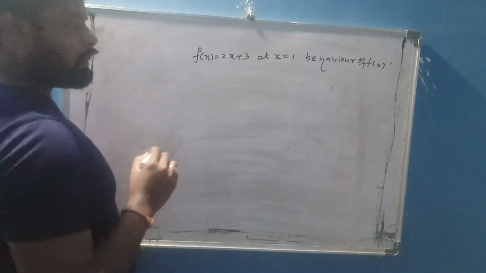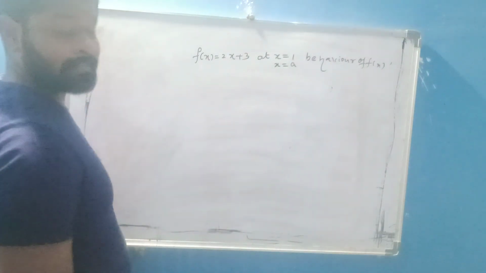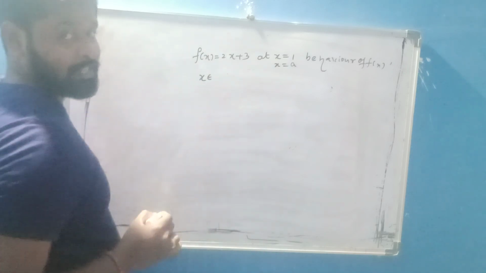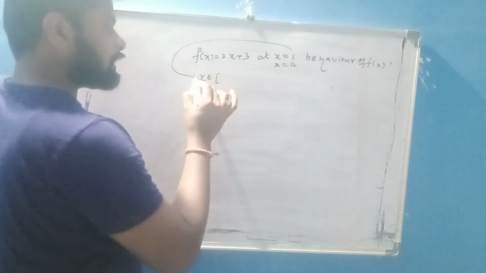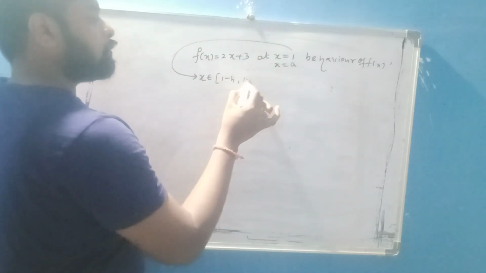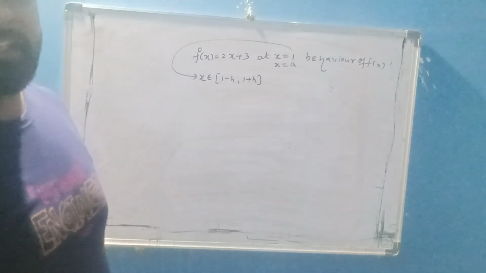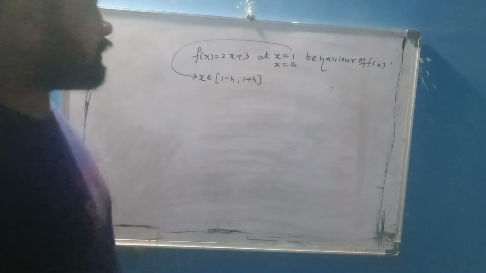At x equal to 1 means it is taken at x equal to a, 1 is nothing but a. What is the definition? x belongs to (a minus h, a plus h). I am taking the neighborhood points 1 minus h, 1 plus h. What is the approximate value or limit of f of x?